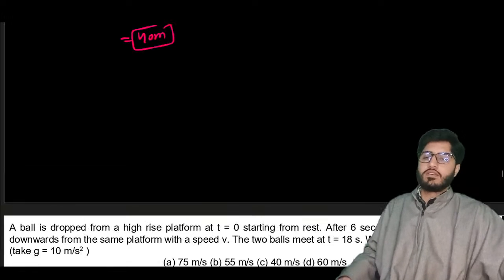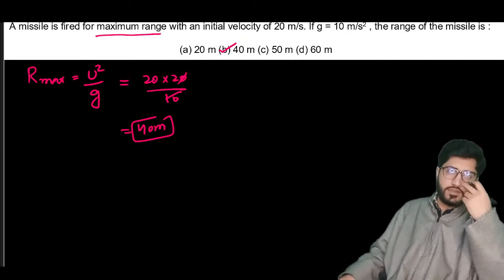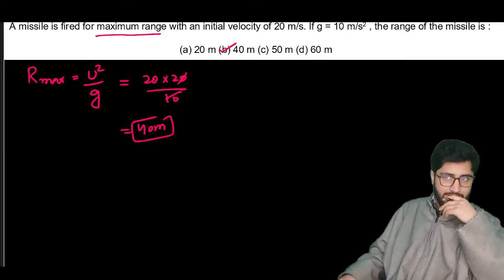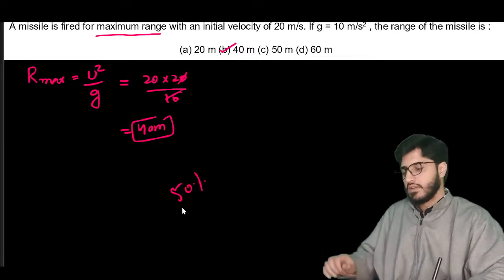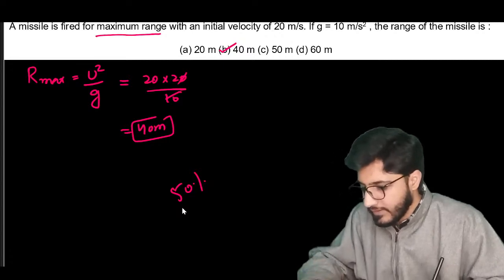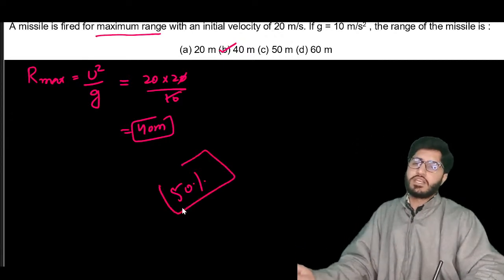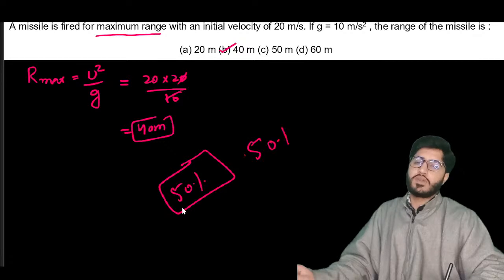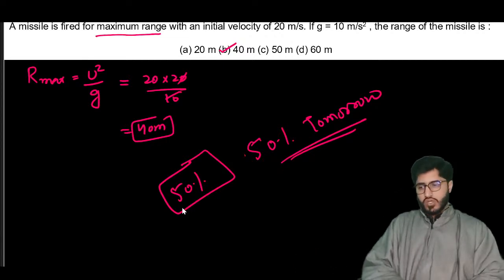So we can do one thing. We have concluded 50% of the numericals of kinematics. Let me check the time. Okay, it has been one hour, so we won't take more, you would get bored. We will complete the remaining 50% tomorrow. Every day we will try to do numericals within 1 hour.